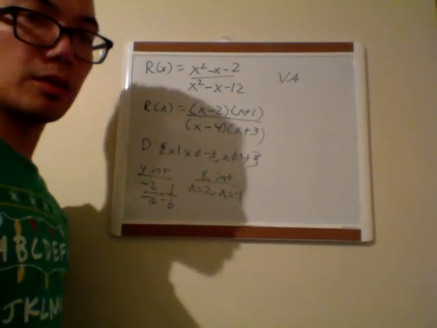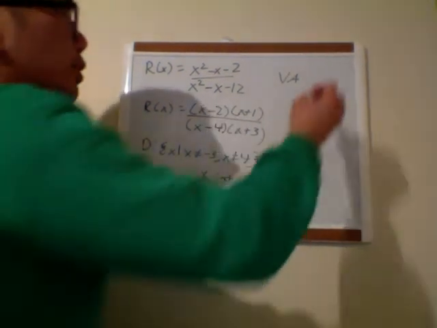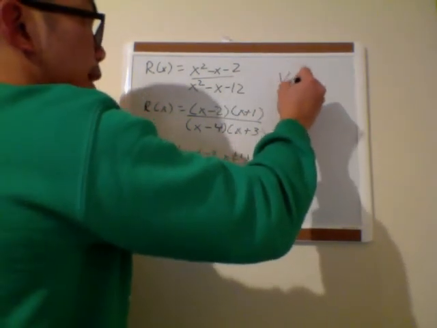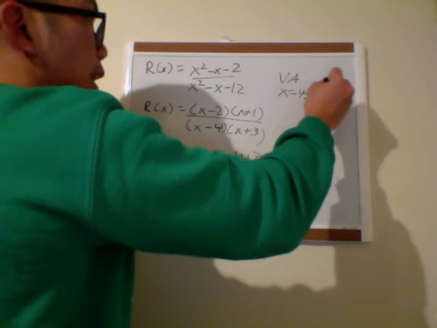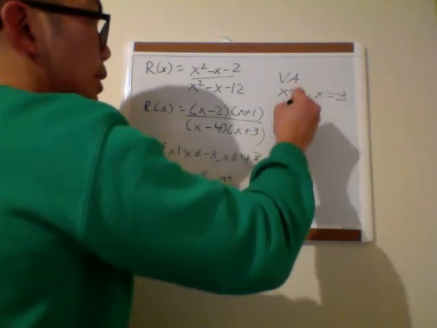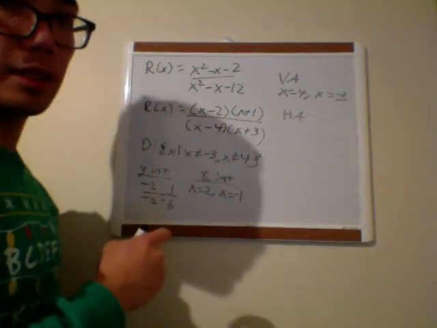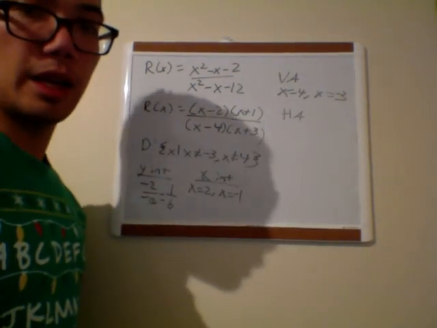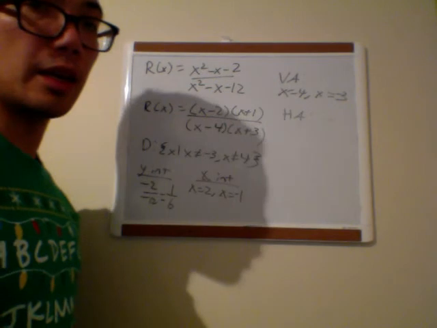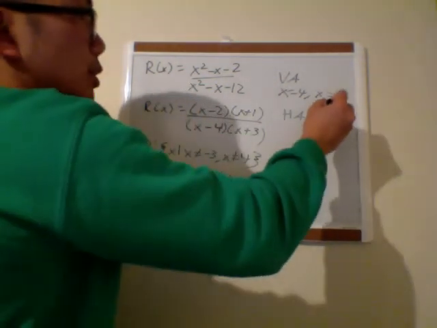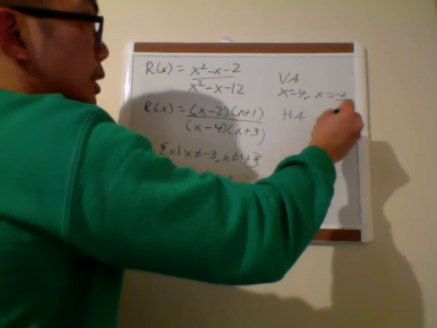So I'm going to have two of them at x is equal to 4 and x is equal to -3. My horizontal asymptote, since the degrees are the same, I'm just going to take the coefficients and divide them. So I have 1 divided by 1. So my horizontal asymptote is y is equal to 1.